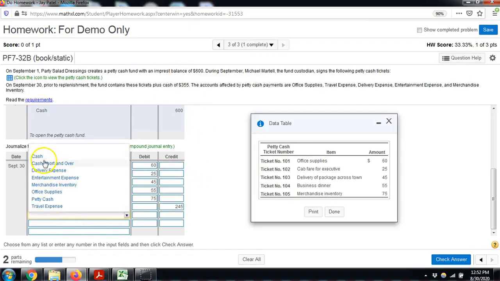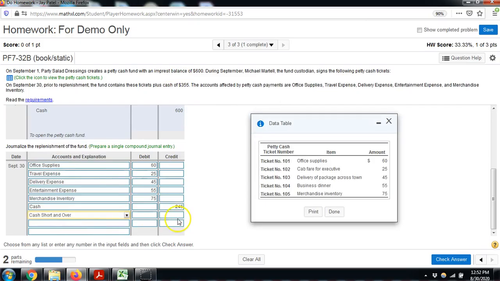We have an account called cash short and over, which tracks the cash that gets miscounted, and we plug our entry with that. This is the entry to replenish our petty cash fund.